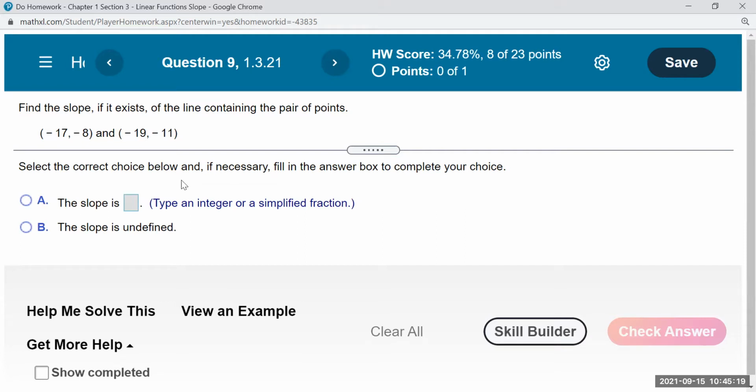So actually, when you put those in the formula, if it's a negative number, put it inside parentheses. And if you have 2 negatives, they become positive. But now if you have different signs, let's say one's negative, one's positive, whatever number is bigger, that's the sign of that answer. So negative 17, negative 8, negative 19, negative 11.